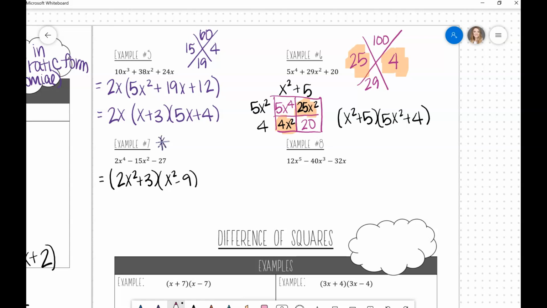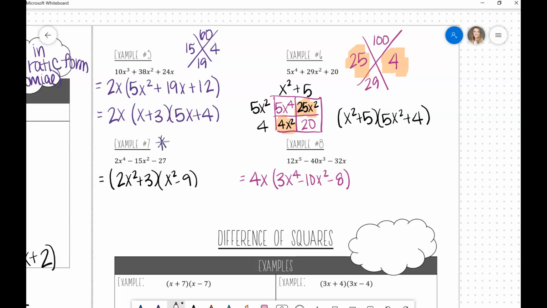Okay, last one that we're going to look at for diamond rectangle is example number 8. If you look at all of them, we do have a greatest common factor that we can pull out, and that ends up being 4x. Once we do that, we get 3x to the 4th minus 10x squared minus 8. Now what's left in here, once we ignore this 4x, is just like example 7 and example 6.